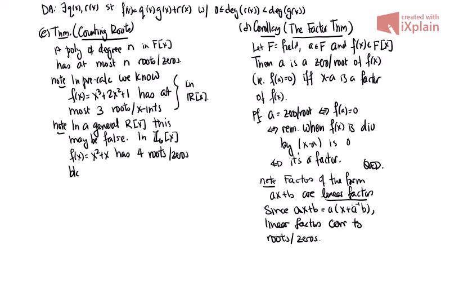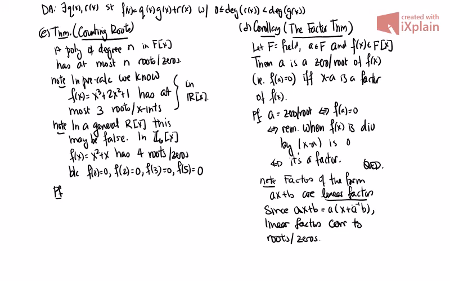This is because if you plug them in, if you plug in 0, you get 0. If you plug in 2, you get 6, but that's 0. If you plug in 3, you get 12, but that's 0. And if you plug in 5, you get 30, but that's 0. So there are 4 of them there. So it doesn't always work if you're not starting with a field.